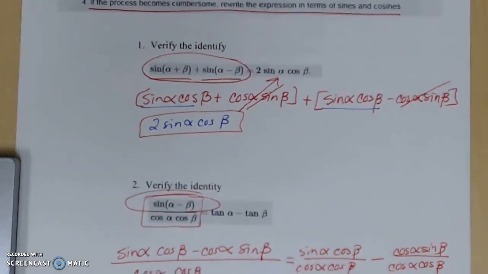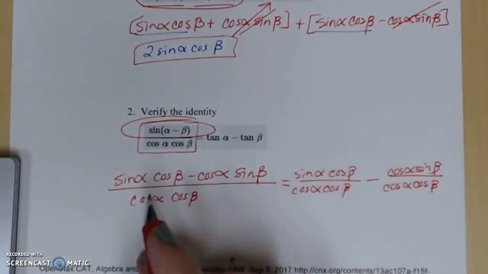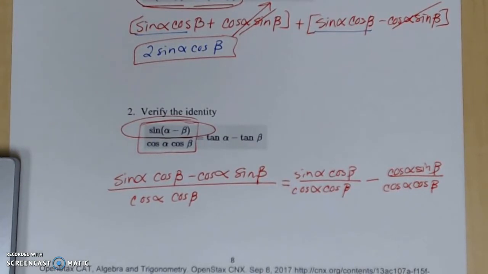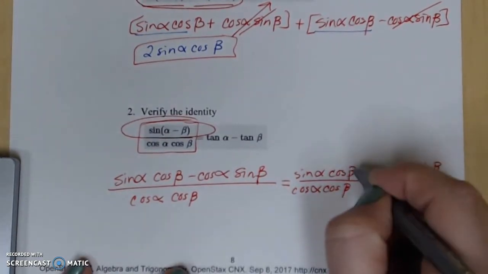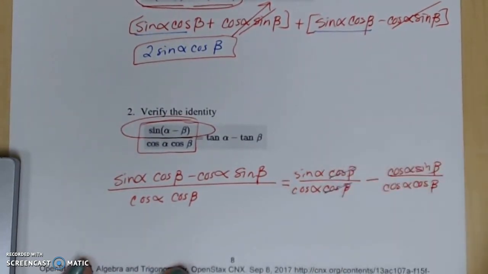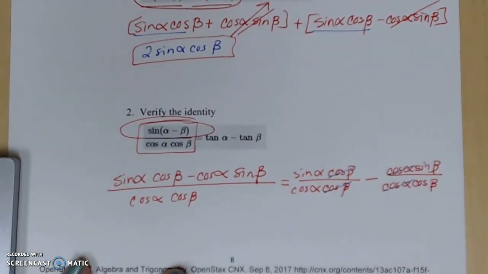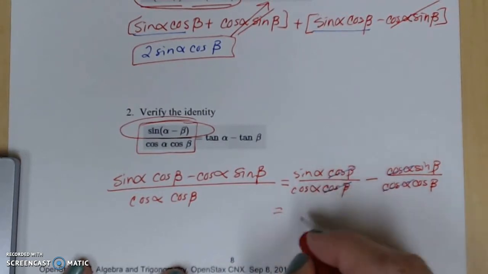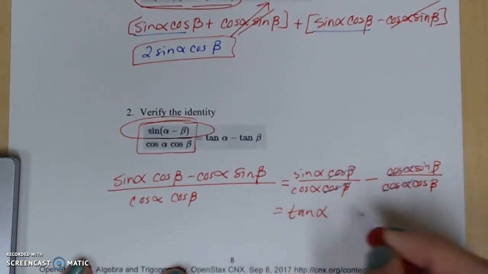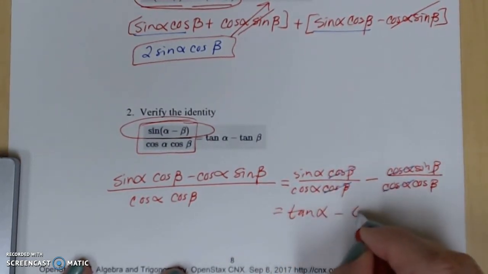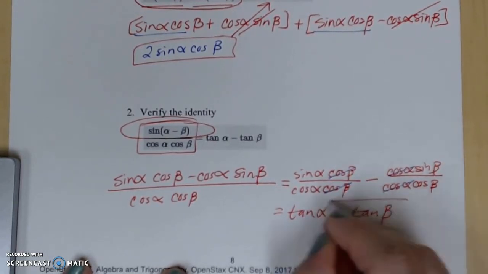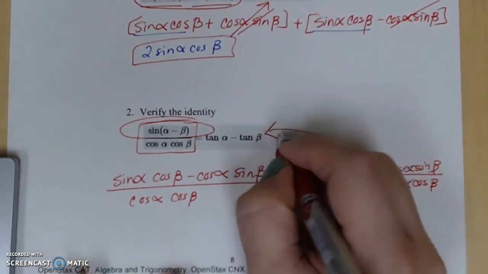So I've just split this fraction up. Now consider this. Cosine beta over cosine beta would cancel, and cosine alpha over cosine alpha would cancel, leaving you with sine over cosine, which is tangent alpha, minus sine over cosine, which is tangent beta, which is the result I was trying to get.